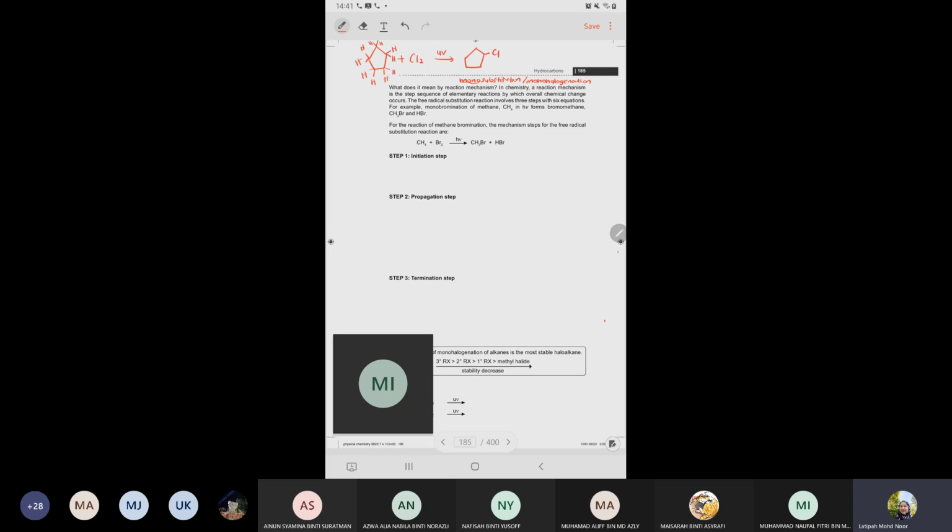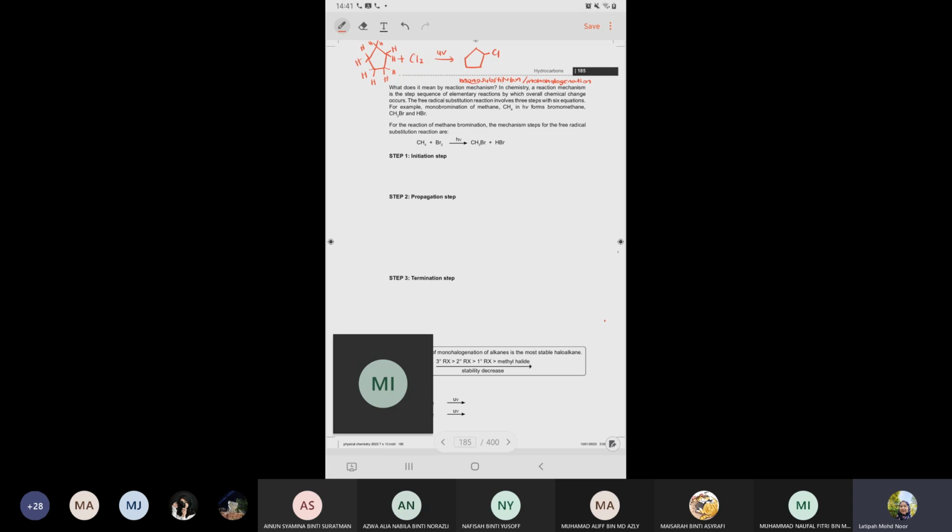Ada 10 hidrogen. So, 10 hidrogen ni boleh ditukar ganti oleh Cl. Tetapi, kebiasaannya dalam soalan kita tak tanya substitute semua hidrogen. Usually you just be asked to write the product of monosubstitution. So, monosubstitution ni maksudnya apa?